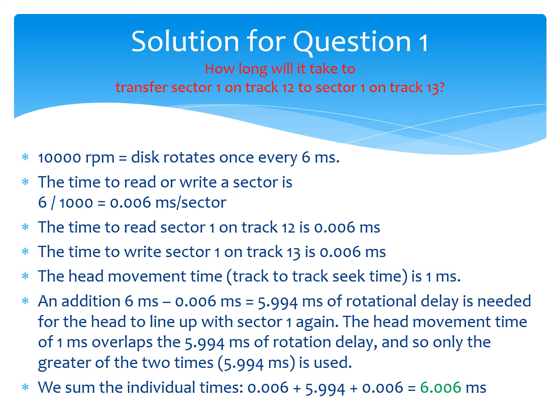The track-to-track seek time to move the head between adjacent tracks is 1 millisecond as described in the scenario. And therefore, an additional 6 milliseconds minus 0.006 millisecond, which equals 5.994 milliseconds of rotational delay, is needed for the head to line up with sector 1 again.